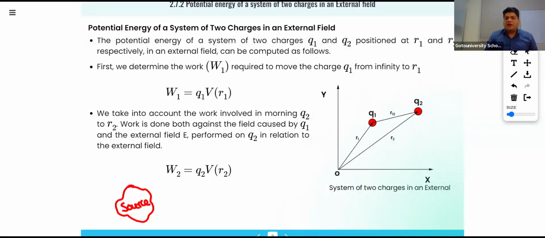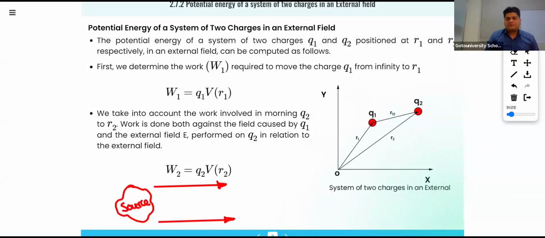Then after the source charge, you have the external field. I'm just recalling the concept. This is our external field.